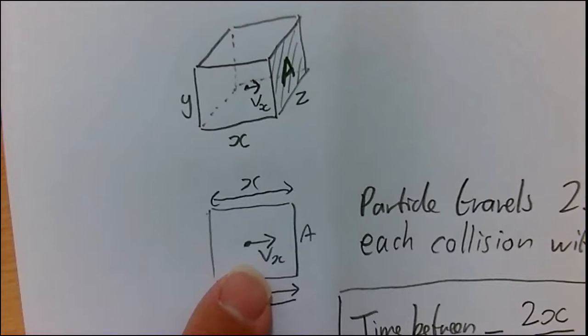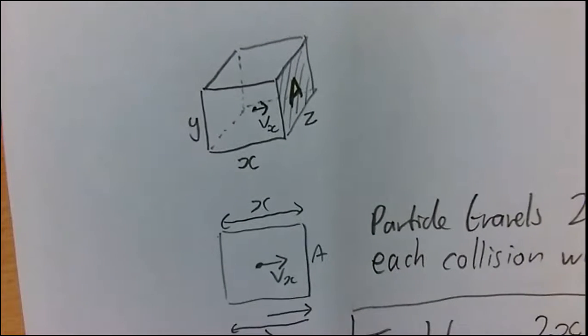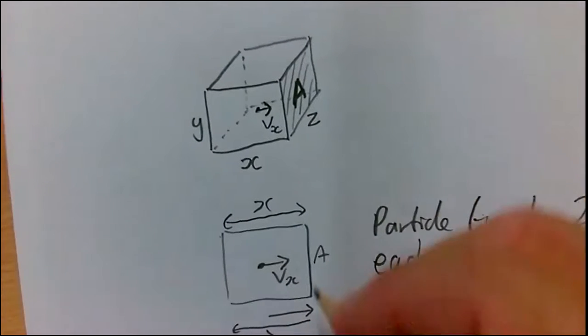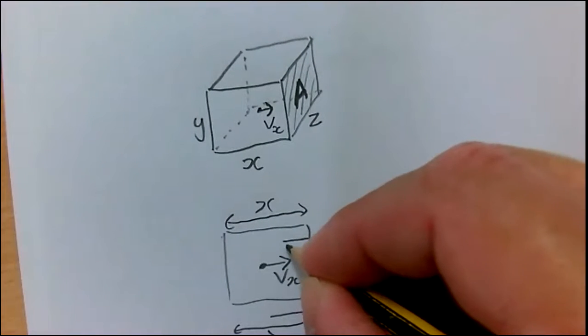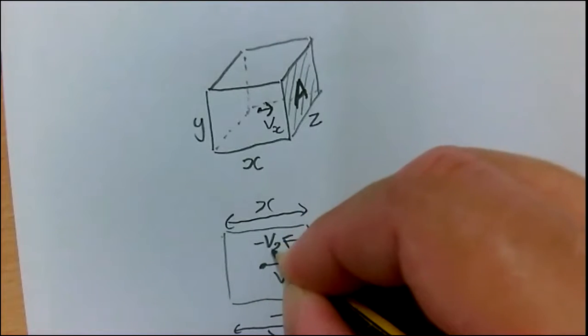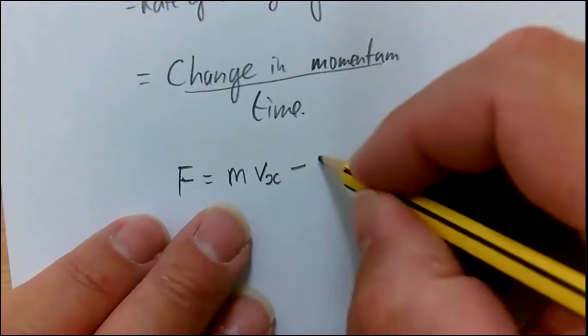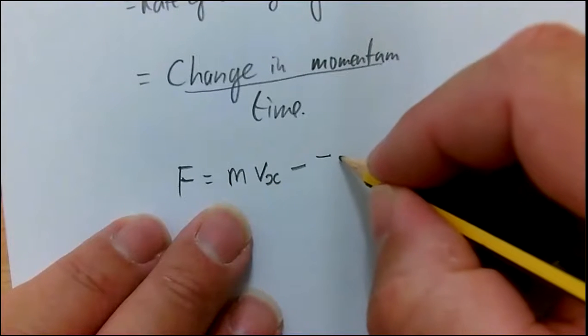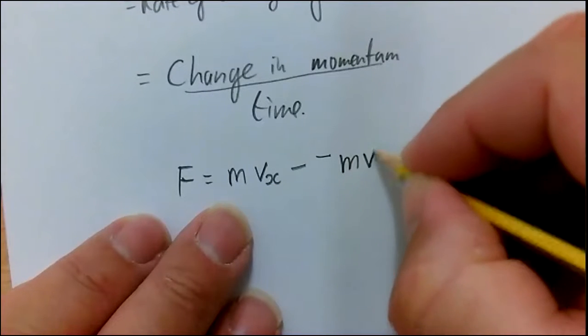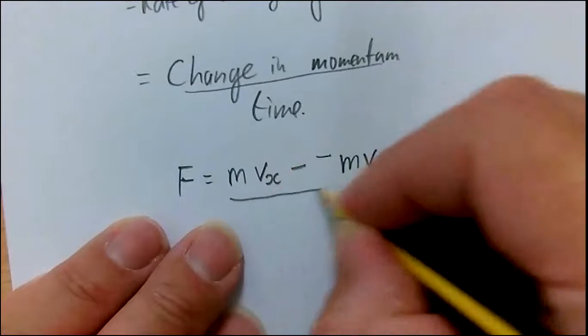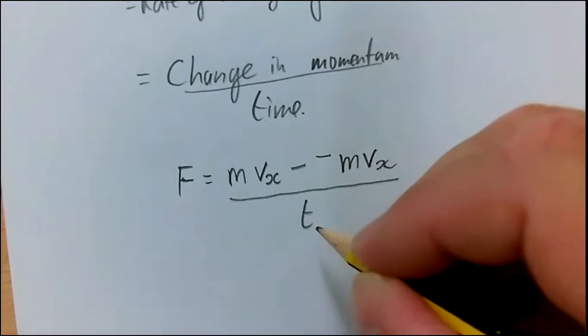As momentum's a vector, we have to think about the fact that the momentum afterwards has got to be minus m Vx. So the difference is the momentum, m times Vx minus minus m times Vx, over the time t.